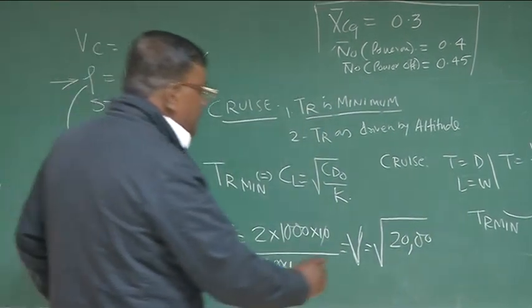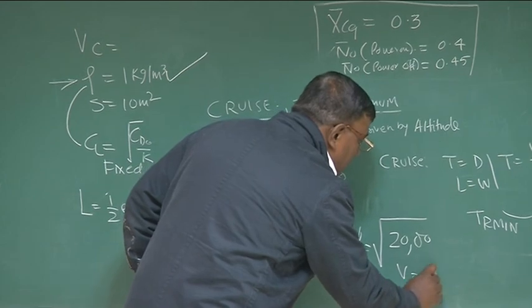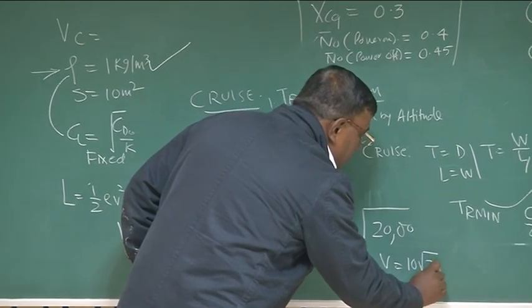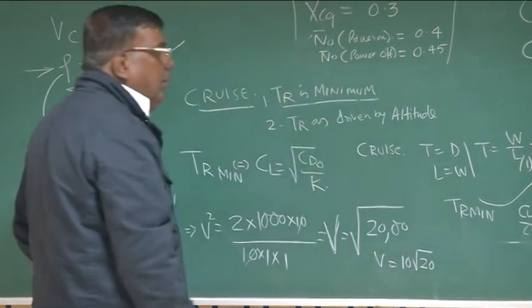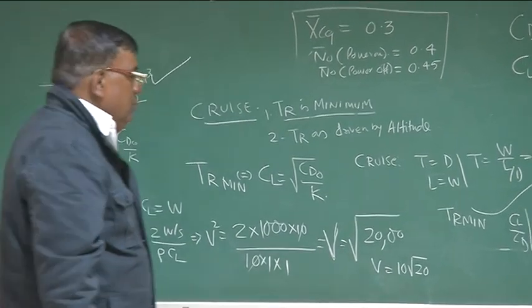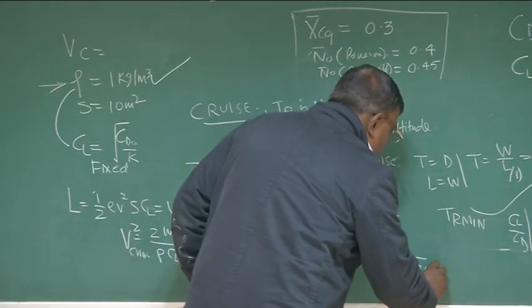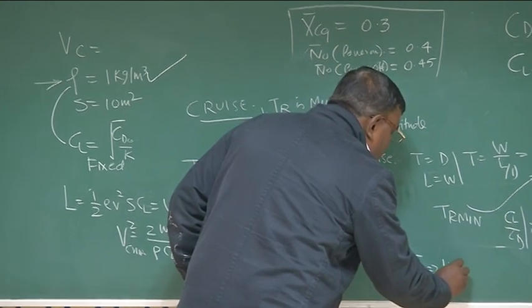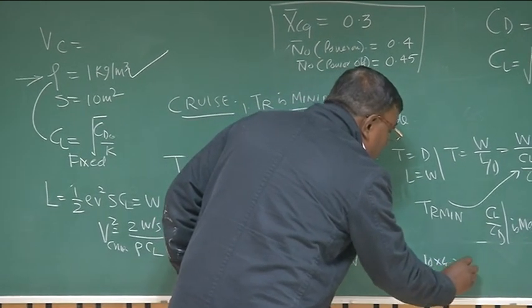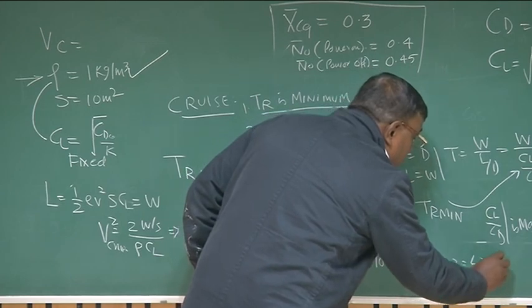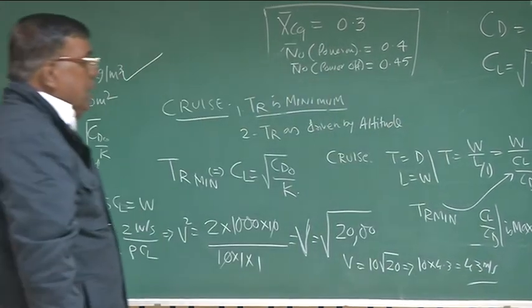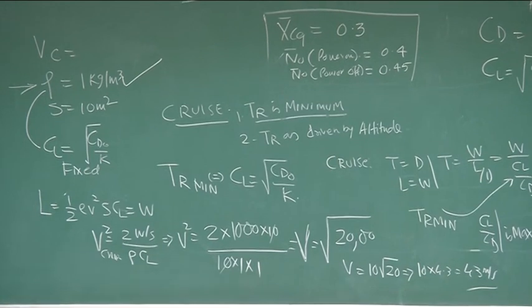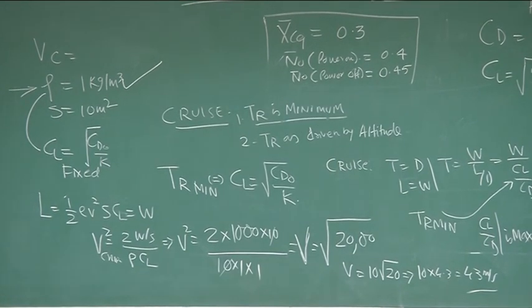So, this is typically equal to 10 root 20, and root 20 could take around 4.2 or 4.5. So, this will become around 10 into 4.3, so around 43 meter per second. Right? If my calculations are okay, so it is around 40 to 45 meter per second cruise speed.